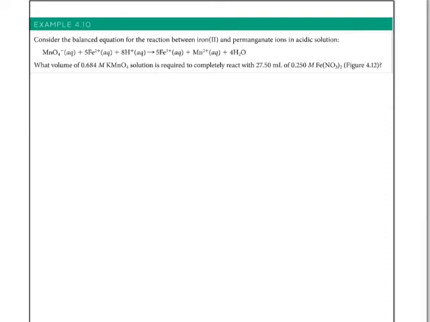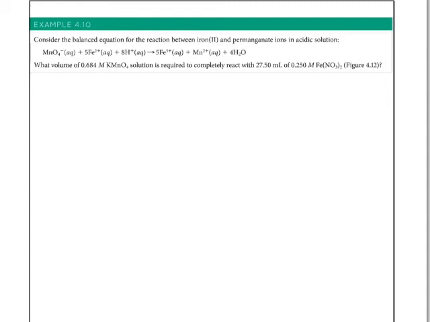Okay, and finally we have a stoichiometry type problem that can of course be applied to an oxidation reduction reaction. This is one of the most common oxidation reduction reactions, and it's one that we'll do in the lab, so it'll be good practice to go ahead and look at it ahead of time. So we see that we have the same components in the problem that we had in previous problems.